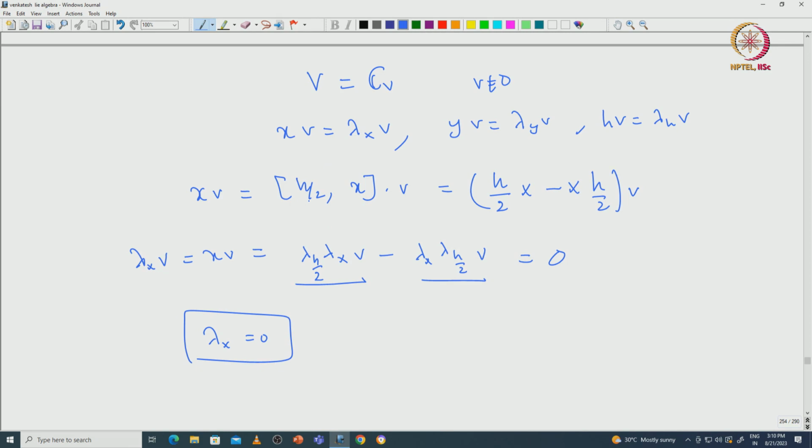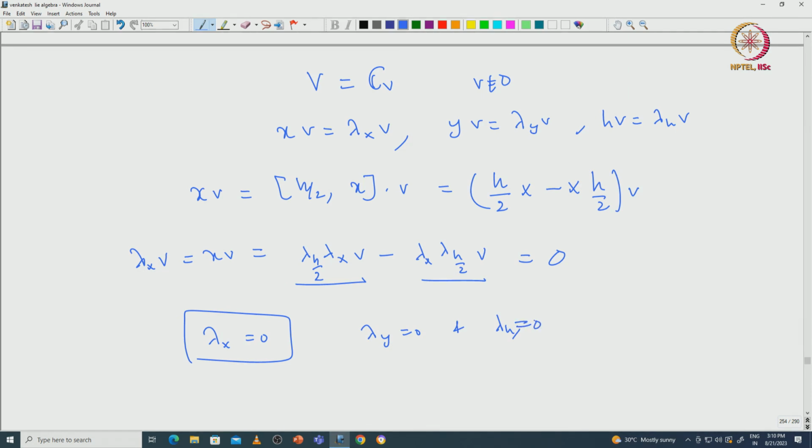That is all we are using. That makes the trace of x to be 0, but the trace of x is lambda_x times 1, so that forces lambda_x to be 0. Similarly, you can use the same idea to prove lambda_y is 0, as well as lambda_{h/2}, or lambda_h, is 0.